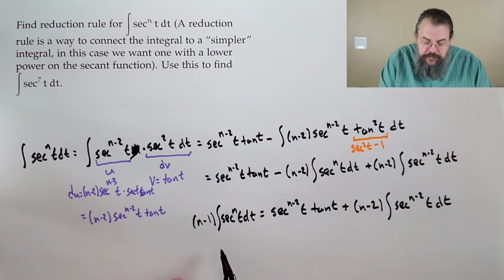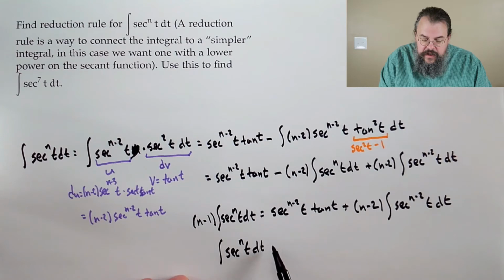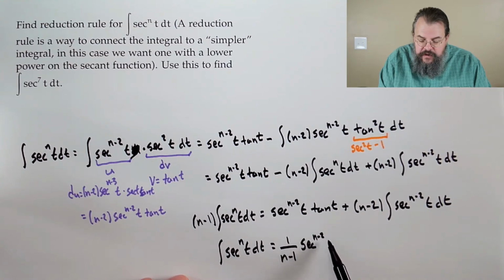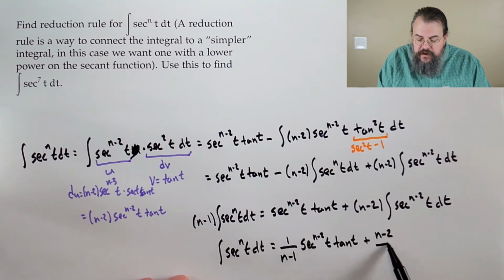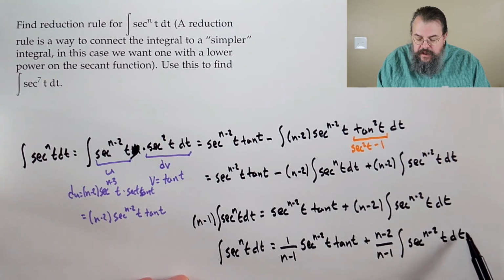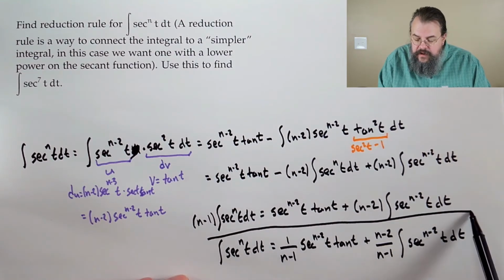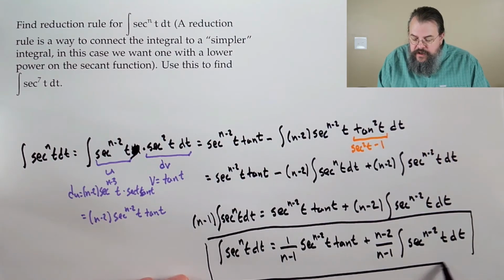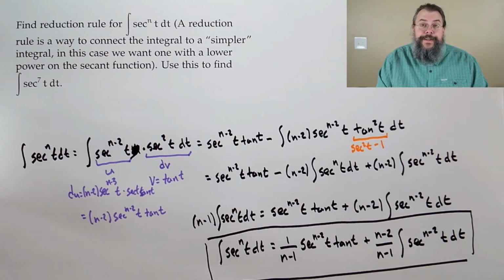The integral of secant to the n t dt is 1 over n minus 1 times secant to the n minus 2 t tangent t plus n minus 2 divided by n minus 1 integral secant to the n minus 2 t dt. And that's our power reduction. That's it.